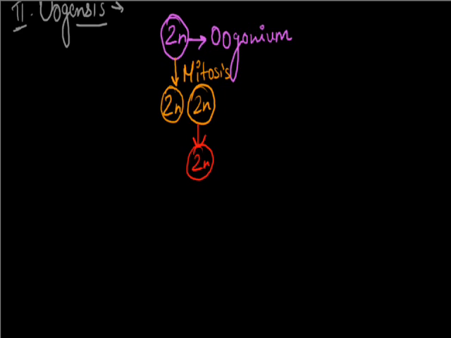This 2n cell will undergo meiosis 1, which is a reductional division, and this 2n cell is called the primary oocyte.